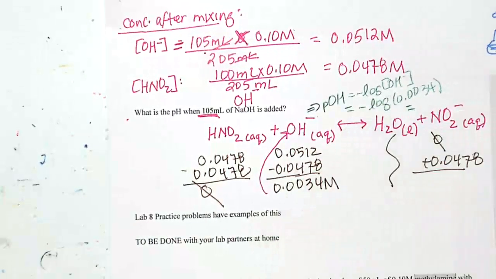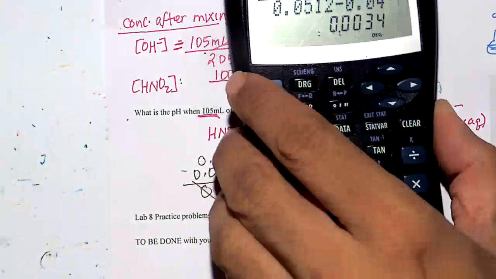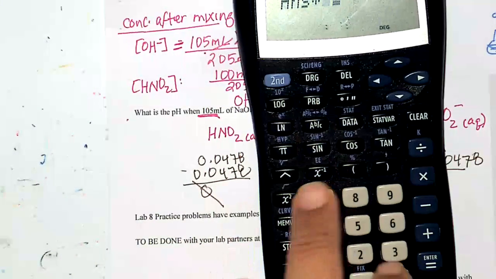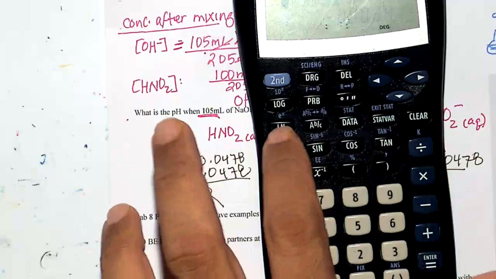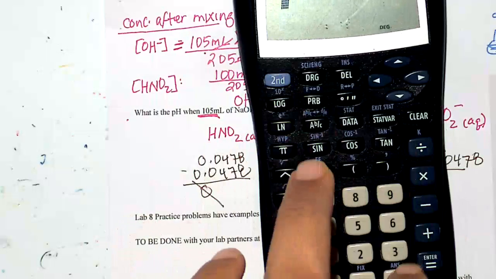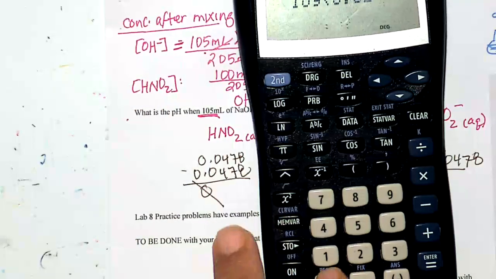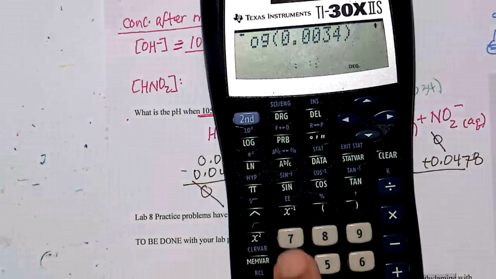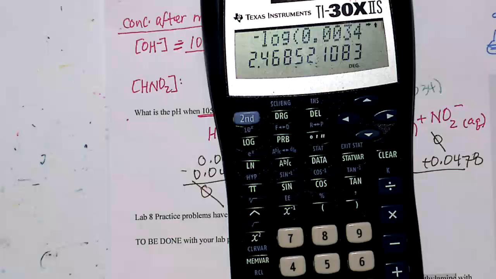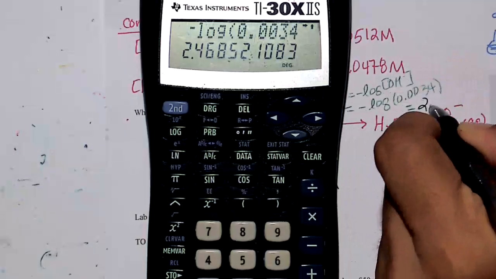Okay, what is that on your calculator? Minus the log of 0.0034. Getting 2.47.